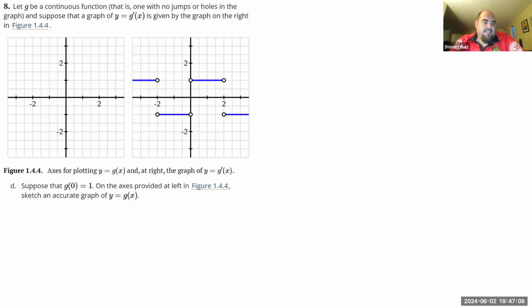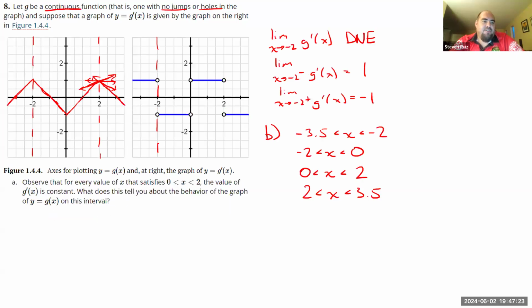And finally, part D: suppose that g of 0 equals 1. So now I'm learning that I got ahead of myself. Now we are given a point that our graph must go through. So let's see how we did. g of 0 equals 1, so my graph clearly does not meet that. But here's the good news: I know from the derivatives exactly what shape this graph has to have, so I can mimic what I've already drawn.